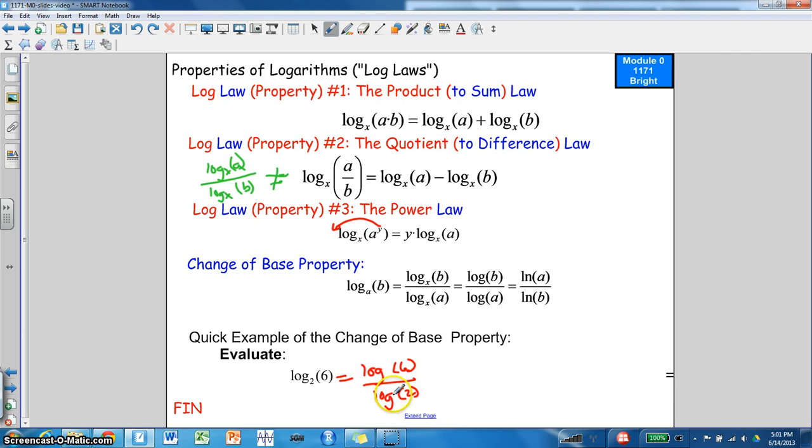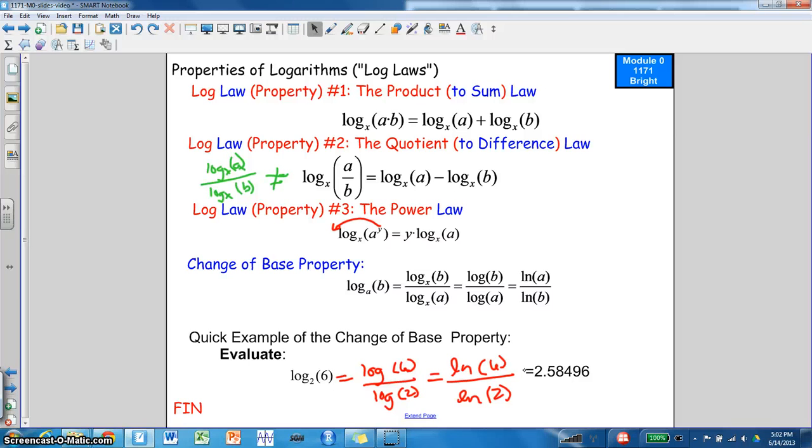And remember, if I don't have a base here, that means log base 10. And I can compute that, but I can also do natural log of 6 over natural log of 2. Okay, and I should get the same thing. And if I punch this in my calculator, I should get out 2.58496.